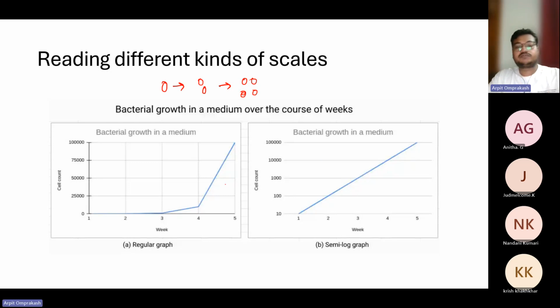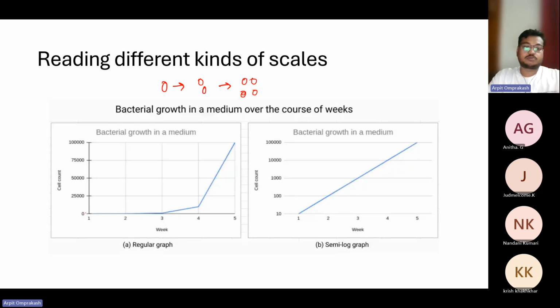Now if we plot the same thing in a semi-log graph, the time here is again on a linear scale: week one, week two, week three, and so on. But the y-axis we have modified to be in the log scale. So it goes from 10, 100,000 and so on.